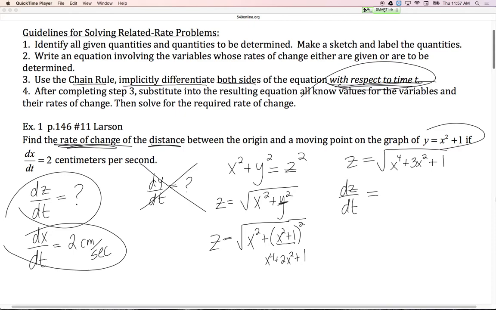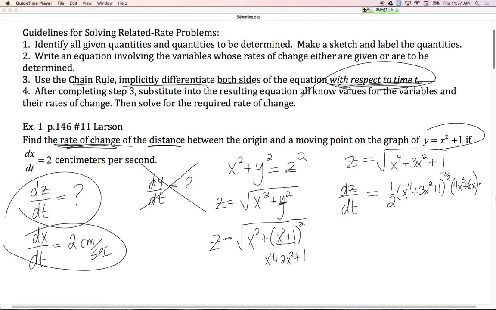So when I differentiate, let's go to the right side now, using chain rule. What is it going to look like? 1/2 times the quantity to the negative 1/2 times 4x to the 3rd plus 6x, times, this is the part people forget.